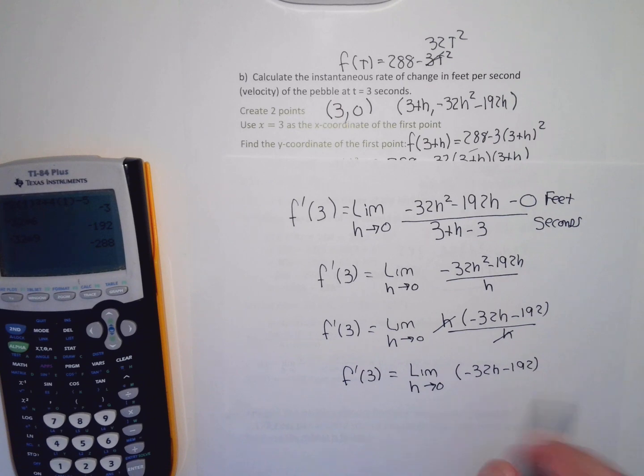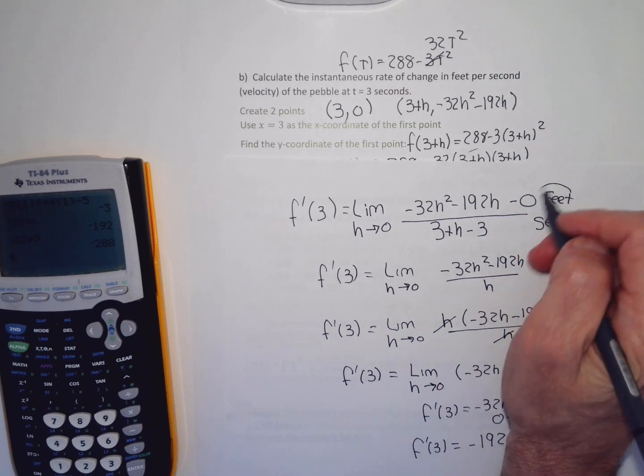I'm going to get it by taking this and plugging in 0. So the derivative, or the instantaneous rate of change, is going to be negative 32 times 0 minus 192. And let me tack some units on that I'm neglecting. The instantaneous rate of change, the number is negative 192.